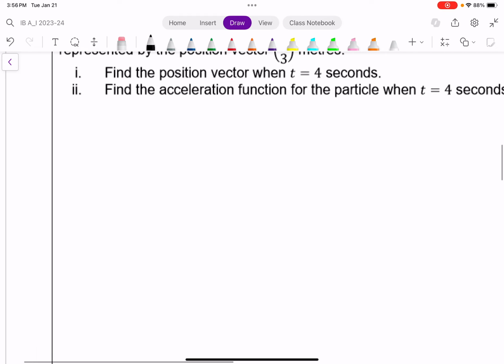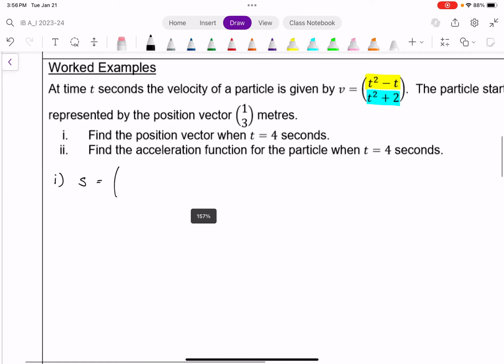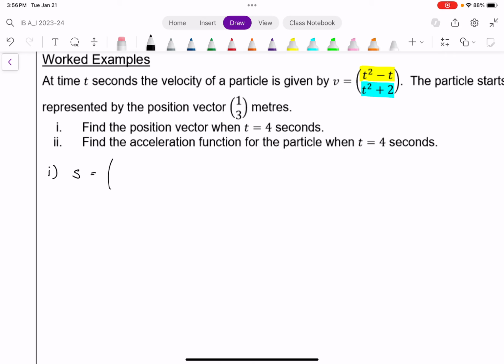So for part one, my position or my displacement would be the antiderivative of the first element, t squared minus t. So that's t cubed over 3 minus t squared over 2 plus some constant. I'll put c1 because there's going to be another and most likely different constant below it.